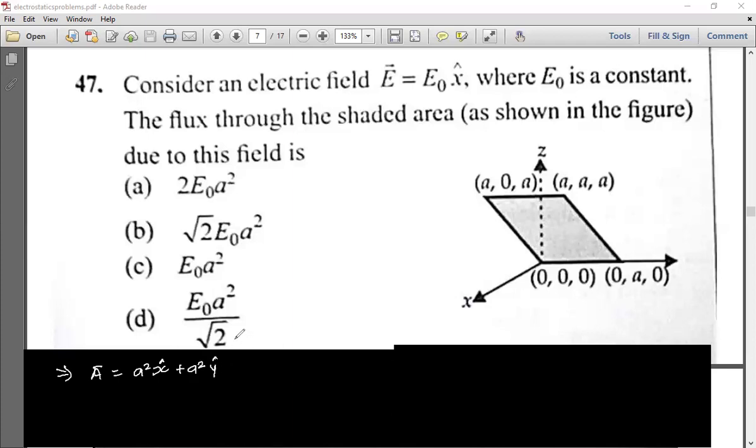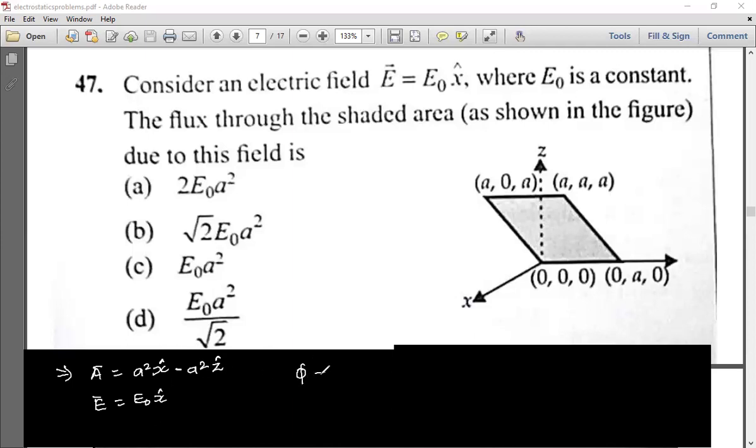But here zero is not given, this is the zero component, so you should get this component toward z. So you should get A square into z cap with a minus sign. And the electric field is along which axis? E0 x cap, that is i cap only.